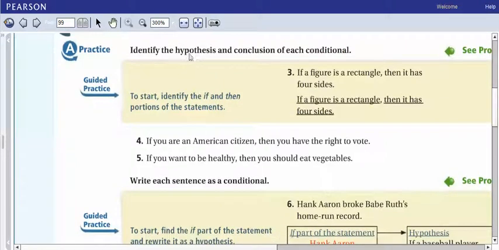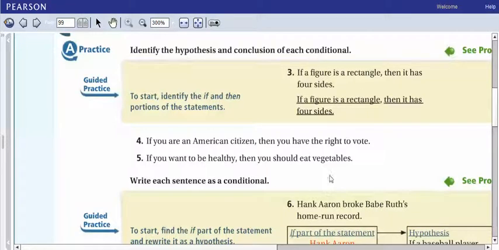Alright, for problems 3 through 5, it says to identify the hypothesis and conclusion. In number 3 here, what's the hypothesis? A figure is a rectangle. What's the conclusion? It has 4 sides. That's all you're doing there, 3, 4, and 5. You're identifying what's after the if and what's after the then.